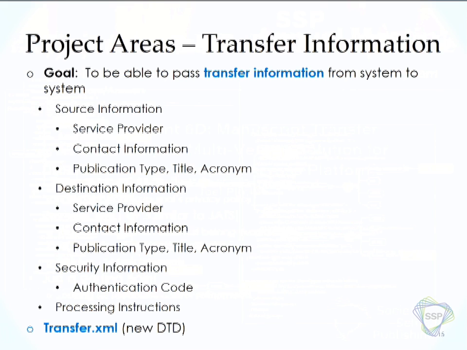Once we figured out how we had to transfer the manuscript information and the peer review information, we realized that we also, from the receiving system and the sending system, they need to communicate who they are, maybe some security information, and how to consume and process this data. Again, we didn't believe this should go into the article XML file. It wasn't really modeled correctly with the JATS tags, so we came up with a few extra tags and created what's called the transfer XML file.